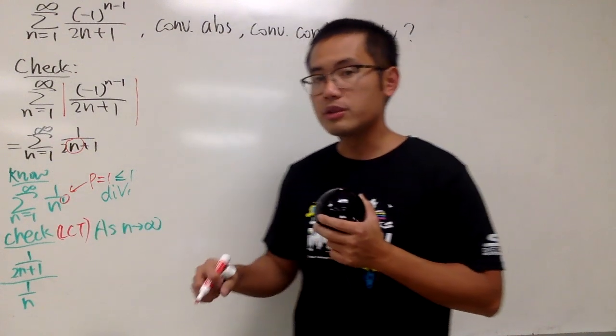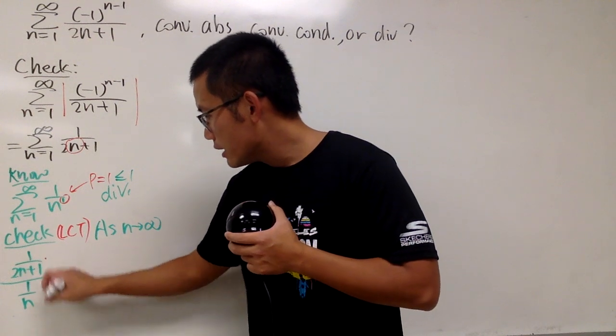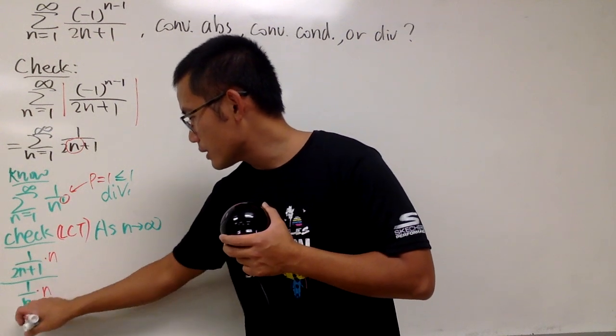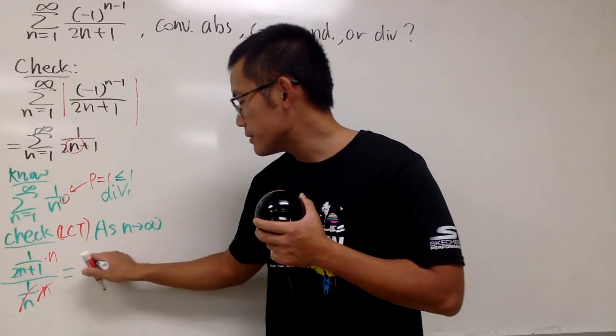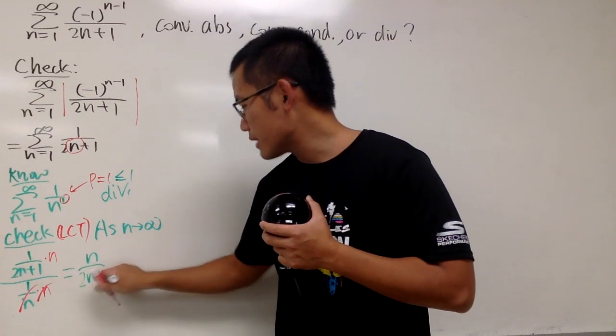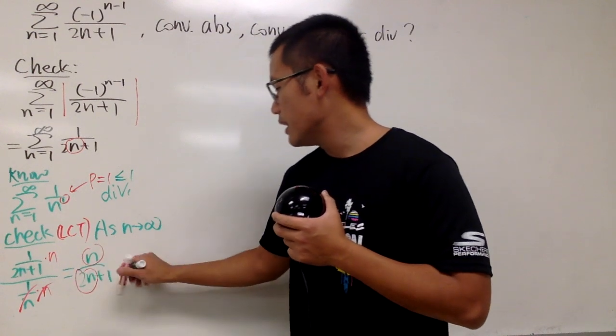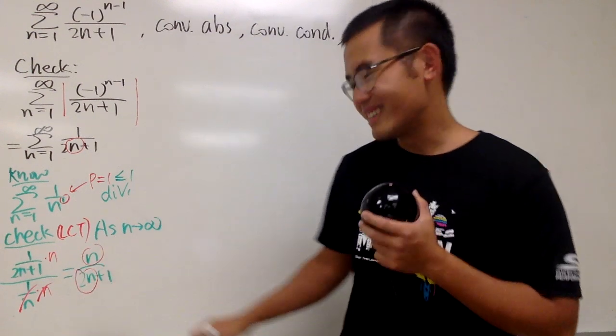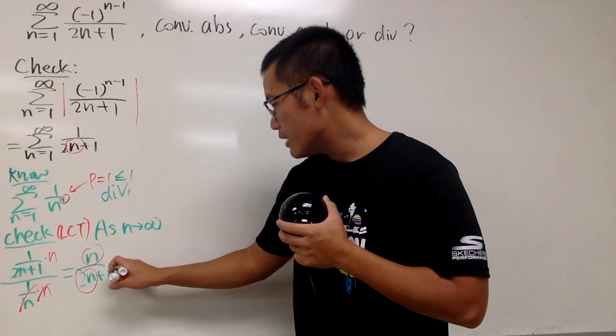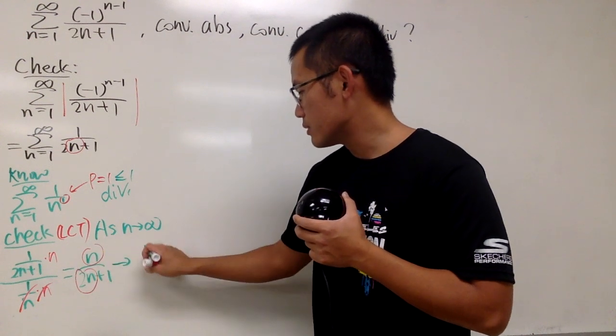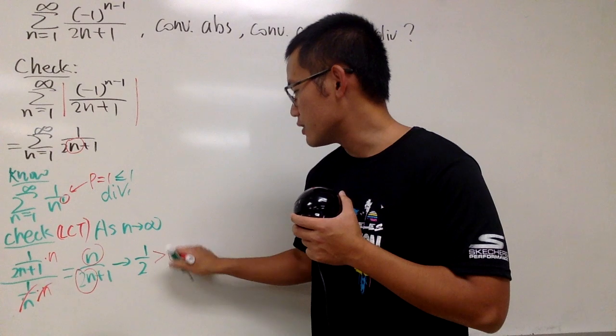It's just a constant multiple. Anyway, let's multiply this by n and n so that this and that will cancel. On the top, this is just n over 2n plus 1. And then take the limit. For this, you do have to include the 2, right? Take the limit, and you see this is just going to be 1 over 2, which is greater than 0.